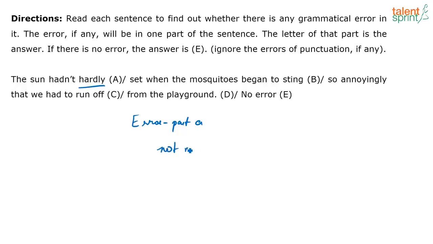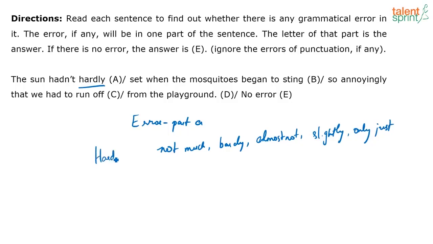Not much, or barely, or slightly, or almost not. These are the meanings of hardly, or only just. So hardly itself expresses negative meaning, which means I don't need this had not.